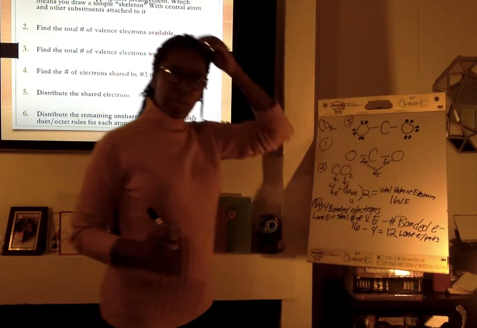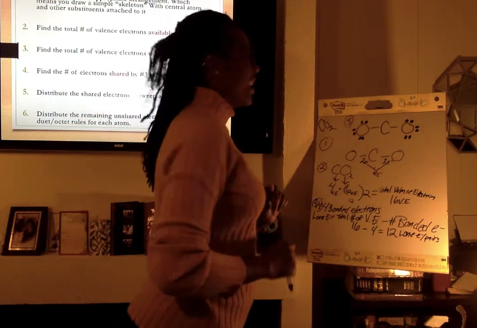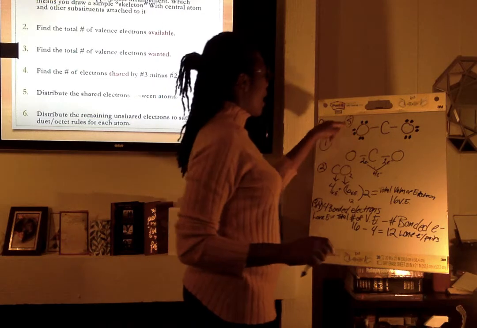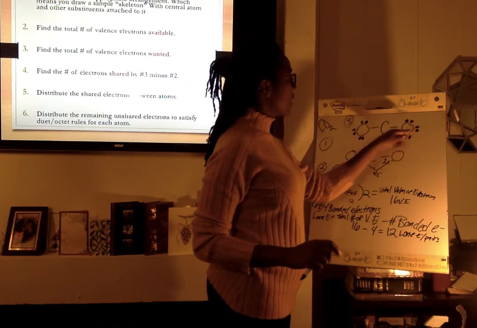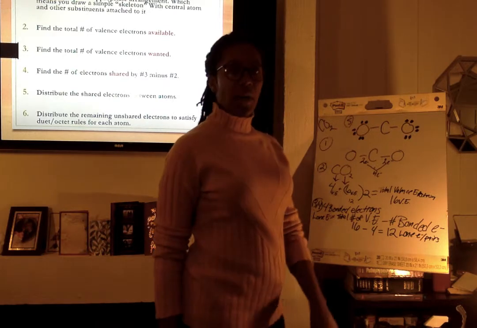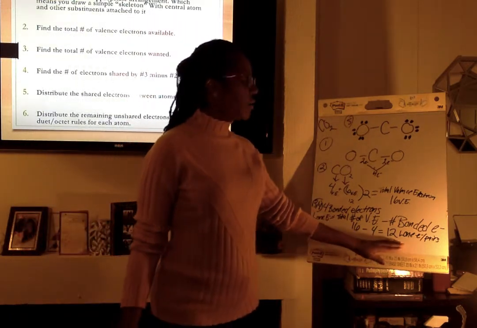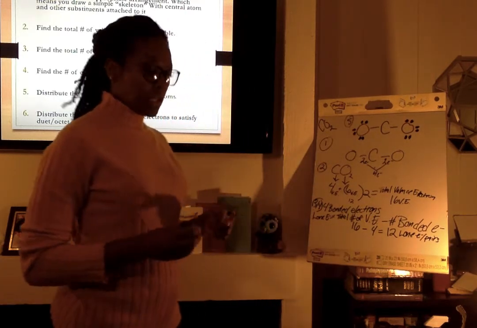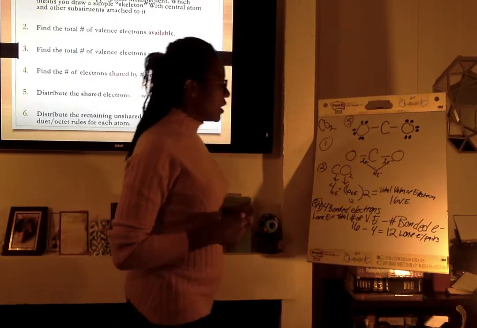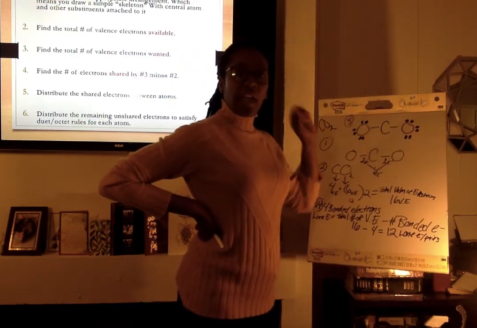Oh, yes, that's even better, right? So now you can see the electrons. Okay, so I have 1, 2, 3, 4, 5, 6, 7, 8, 9, 10, 11, 12, right? So I have now put all 12 of my lone unshared electrons onto my molecule. So now you want to say to yourself, well, does every single atom have 8 electrons?